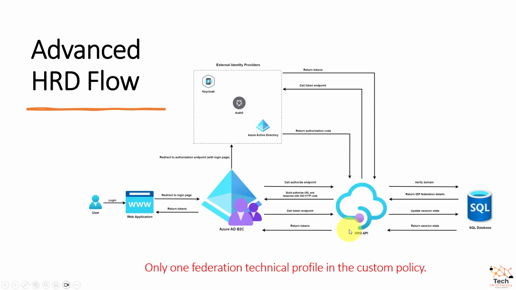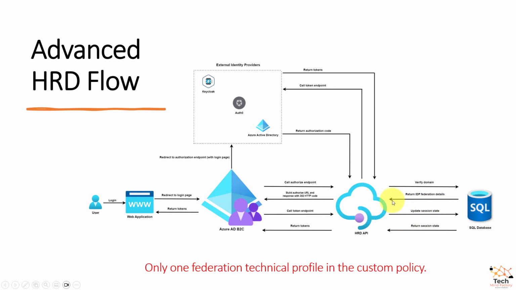What will happen on the HRD API side is we will update the session for this identity provider. We will store the code in the database and return the session state.